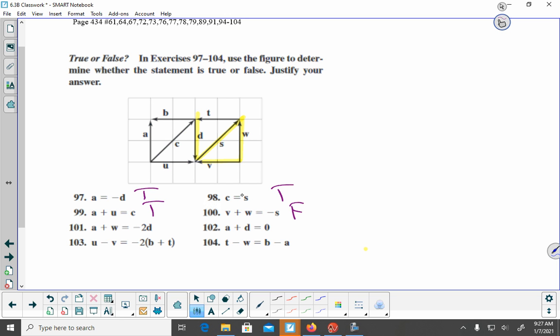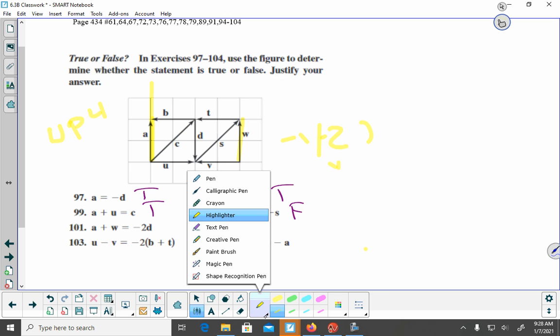The next one, A plus W. So A is going straight up 2 units, and W is going up 2 units. So A plus W would be going up 4 units. Negative 2D. So D is going down 2, and then negative 2D would be down 2 times 2, so that would also be 4.